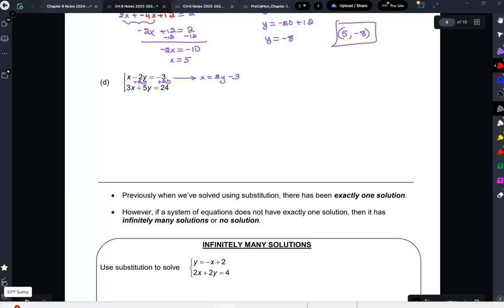You see that? Now I have something. So here we go. That's what I'm going to substitute. What am I going to substitute it into? The x. This x. So 3 times 2y minus 3 plus 5y is equal to 24.